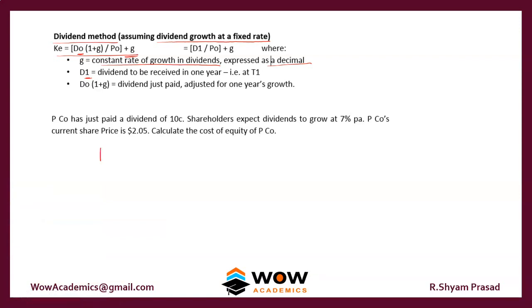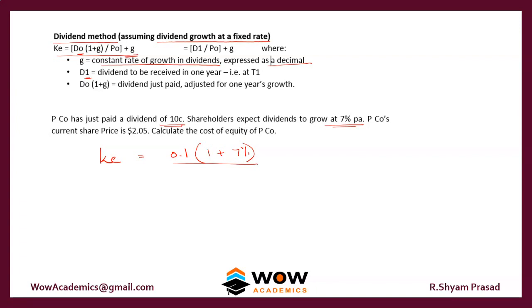So we'll have KE equals D0. What is D0 in this problem? We'll read. Pico has just paid a dividend of 10 cents, so it's 0.1. Shareholders expect dividends to grow at 7%, so it's 1 plus 7%.